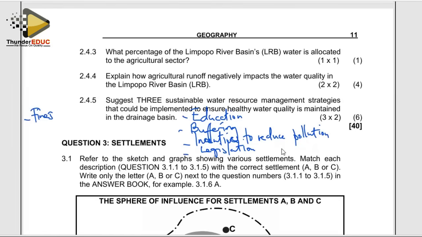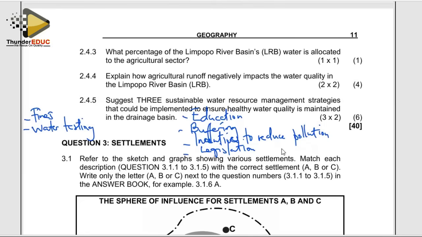If we see, for example, companies dumping waste into the rivers, they must be fined for such an environmental criminal act. Then also, we can also look at water testing. We can also regularly test the quality of the water to see if there are any pollutants which are being added, so that we find preventive measures towards such pollutants.